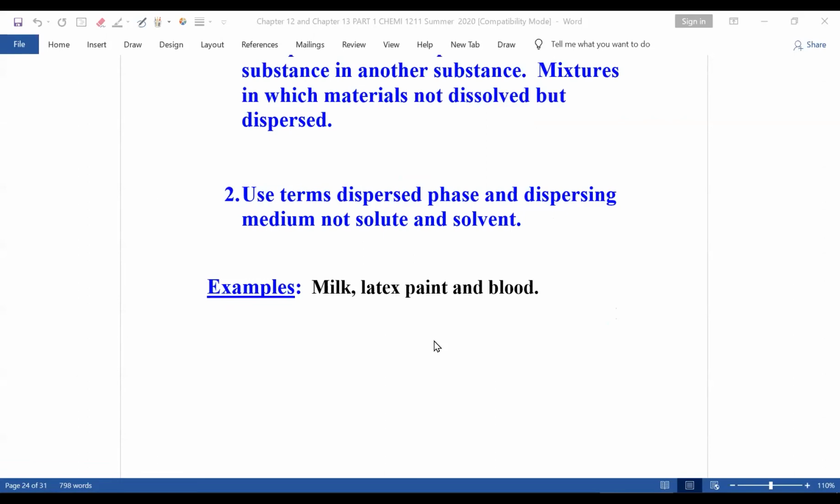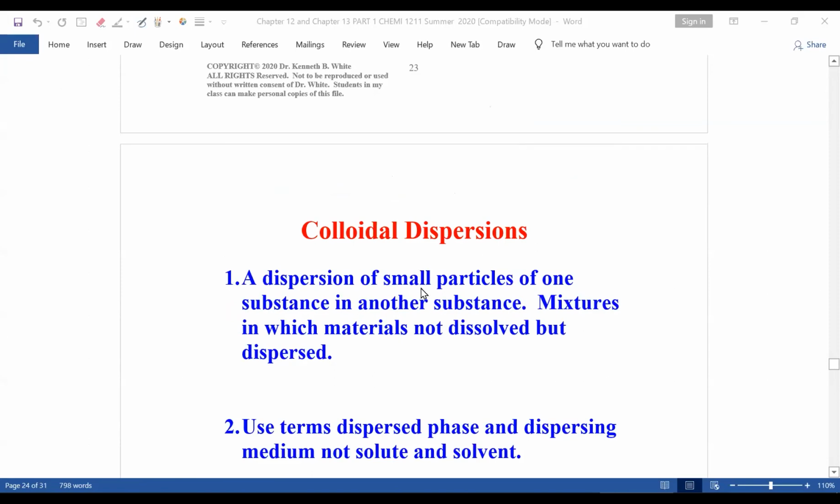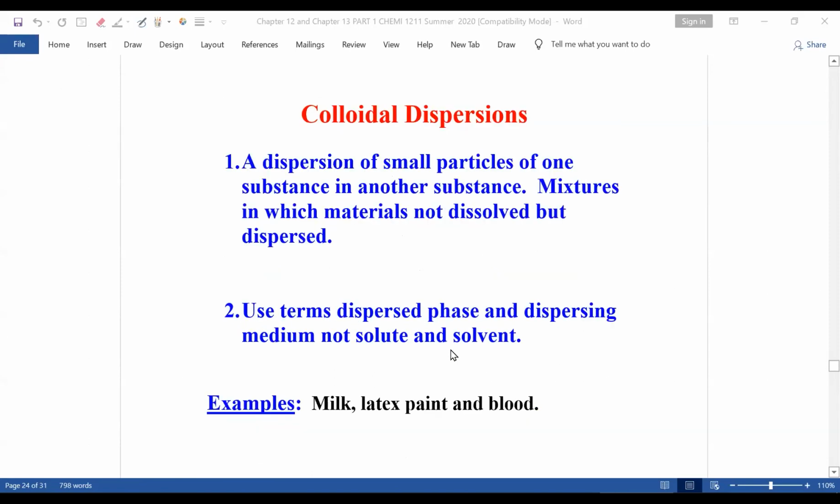And latex paint, if you have a container of it that's clear, you shine a flashlight, the light won't come through. Why? Because the dispersed phase, the particles that are dispersed but not dissolved, block the light.